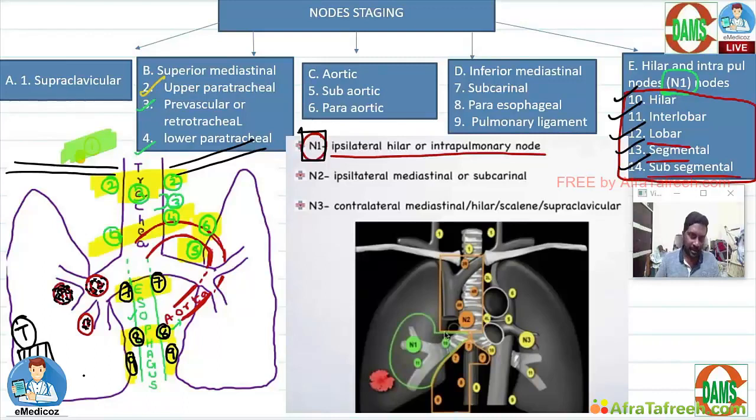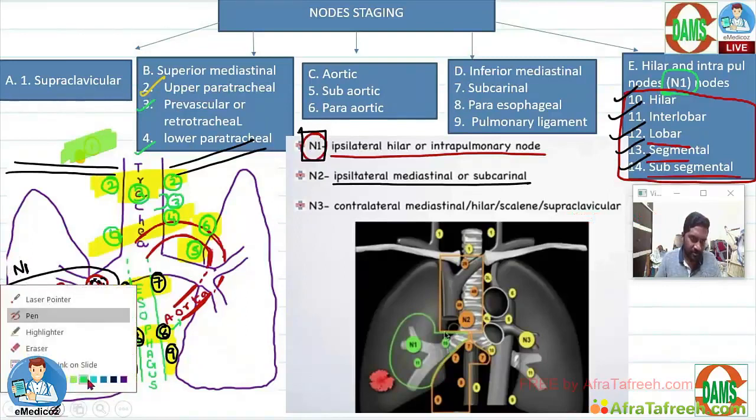Now coming to N2. N2 means ipsilateral, mediastinal or subcarinal. If the tumor is there and up to this level lymph nodes are involved, it is N1.